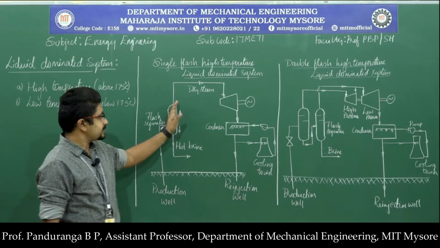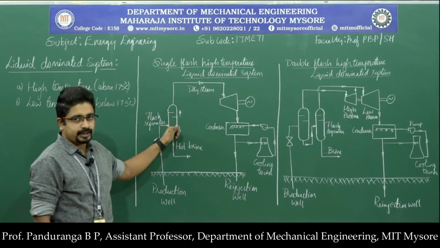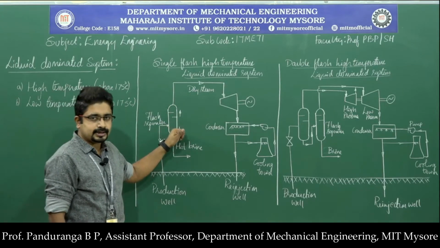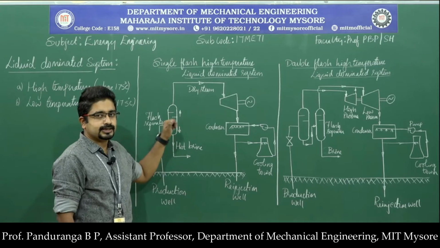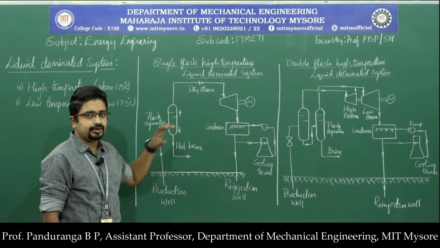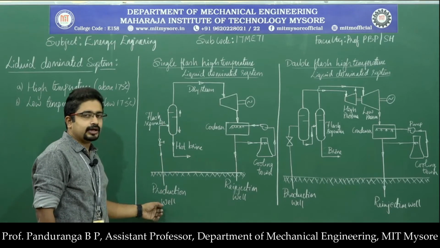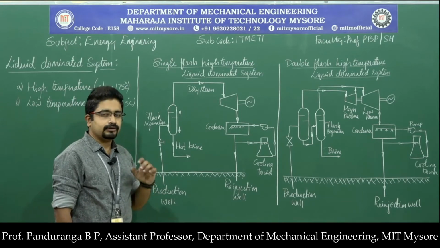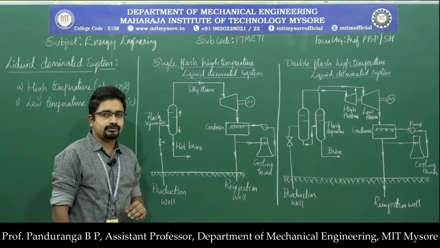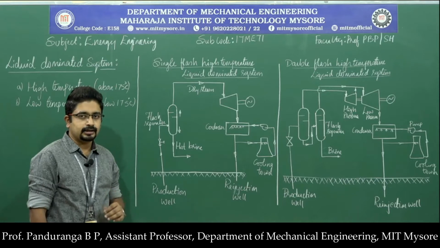The dry steam coming out of the flash separator: we are separating the steam, we are not boiling it here, we are just separating it. When the water comes out of the production well, it will be at a higher temperature and also at a higher pressure.